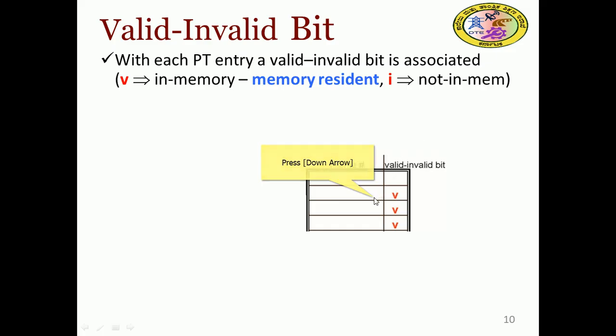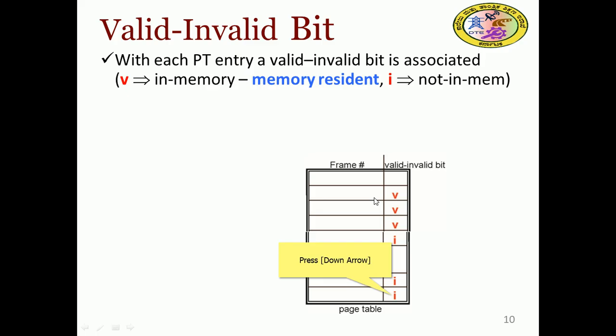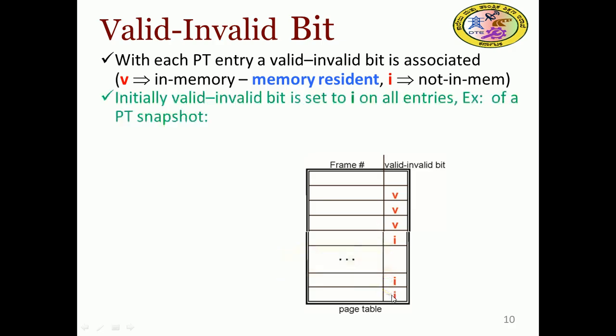So here some pages are V and some pages are I. The page table establishes the relation between pages and page frames. Valid pages are available in memory. Invalid pages are not available, so they may be in secondary storage. Initially the valid-invalid bit is set to I on all entries, so initially all pages are invalid.